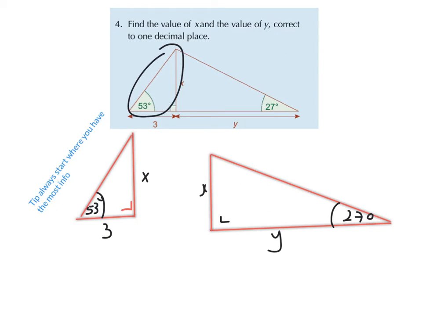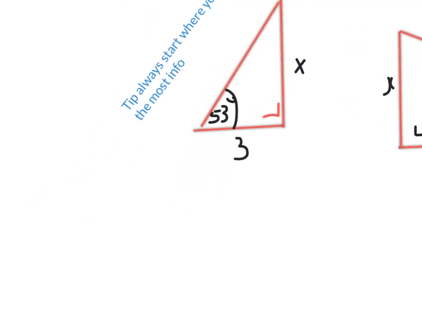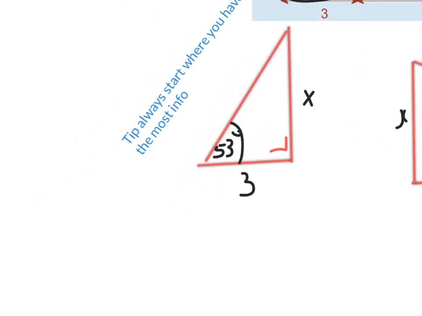Okay? So I'm going to zoom in on this triangle here, and I'm given a right angle triangle, I'm given an angle, I'm given a side, and I'm asked to find another side. So if I'm given angles, I know I can use my trigonometric functions here. So I'm going to start off by following my simple steps.